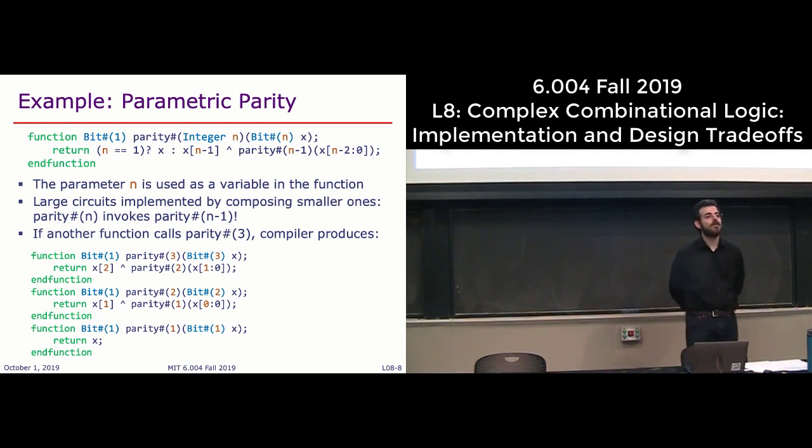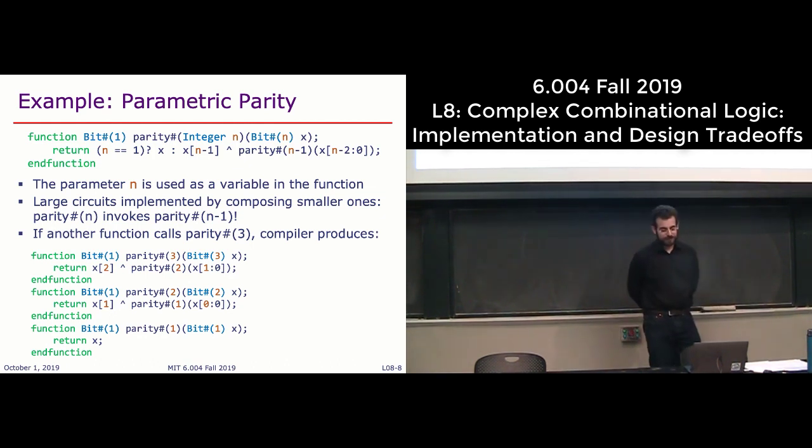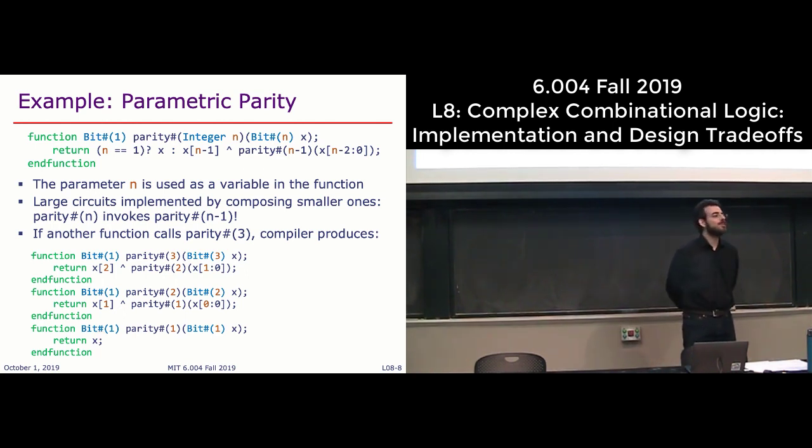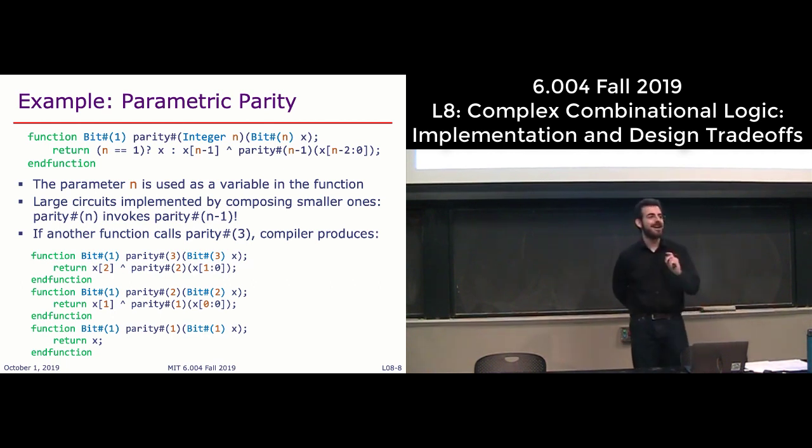Let me go and generate parity of 1. That just returns x. What hardware does this correspond to? With what we know so far, can you take this code? By the way, this is valid, you could write it that way and it works.